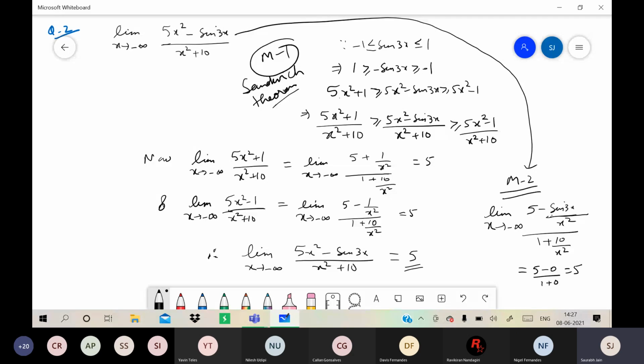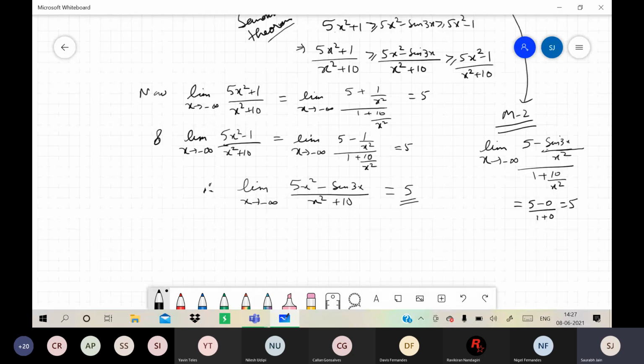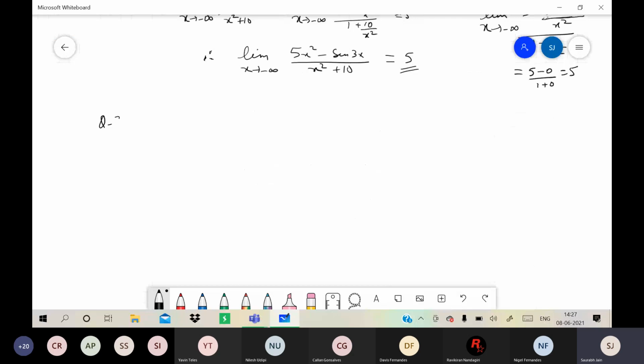See, mainly this is used for such types of questions. They are important where you will find so many greatest integers and the limit is tending to infinity. So just remember this: if there are so many greatest integers and the limit is also tending to infinity, then this question will be solved using sandwich theorem only.